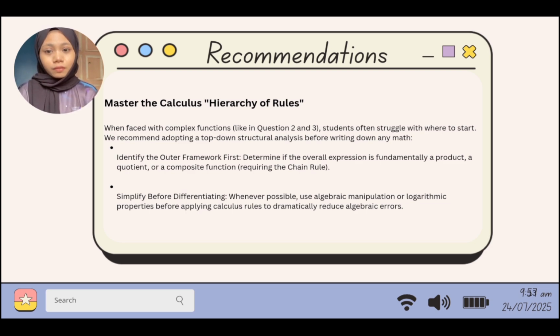Determine if the overall expression is fundamental, a product, a quotient, or a composite function requiring the chain rule. Simplify before differentiation. Whenever possible, use algebraic manipulation or log properties before applying calculus rules to dramatically reduce algebra errors.